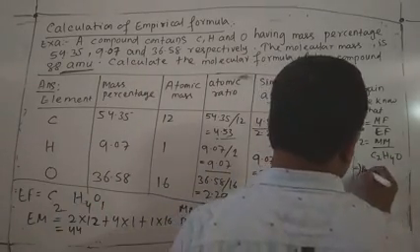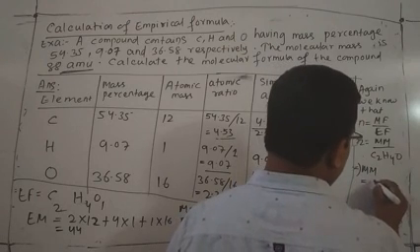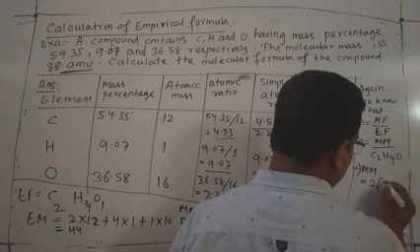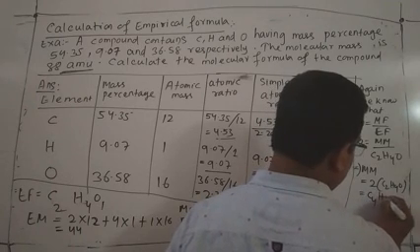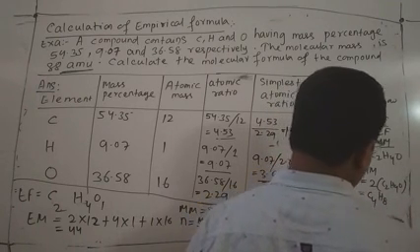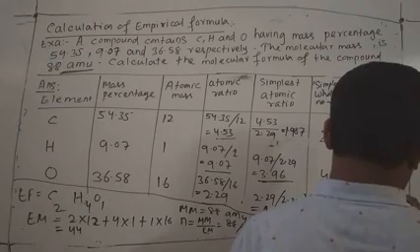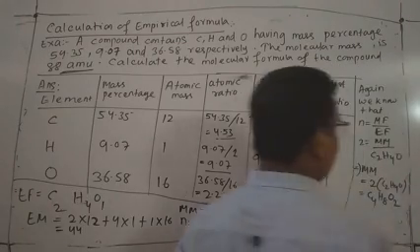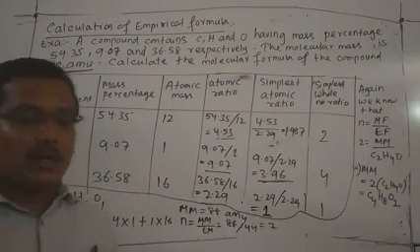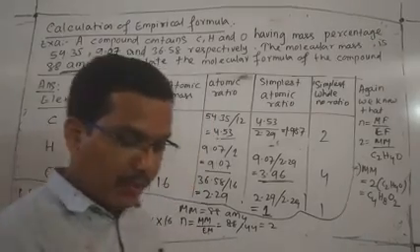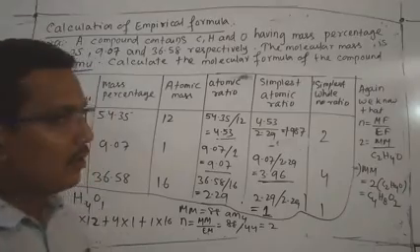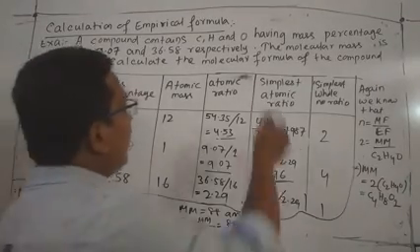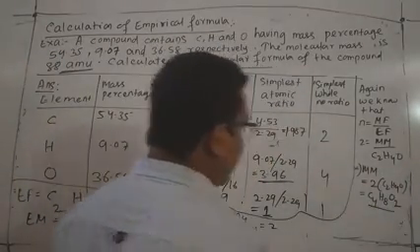That means molecular formula is what? 2 into C2H4O, to find out C4H8O2. That is the molecular formula of the compound, C4H8O2. Our aim is to find out the molecular formula. This is the molecular formula.